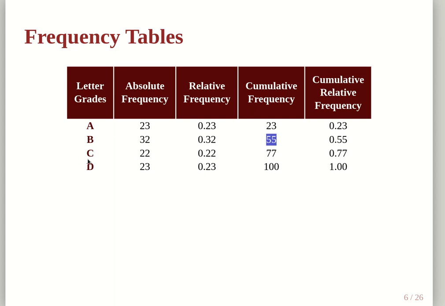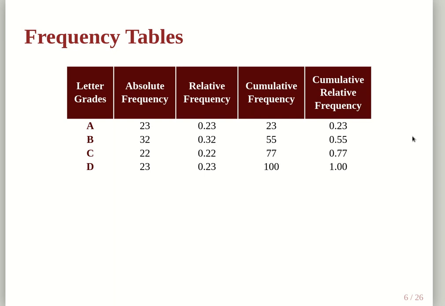Now I want to also consider the people that got a letter grade of C. So again, I can just add that together with the previous counts and the previous relative frequencies to say something like, well, I know that in this class, 77 people, or 77% of those students, got a letter grade C or higher. So I am now reporting all these values, which are relevant because they are ordered together in a cumulative way.